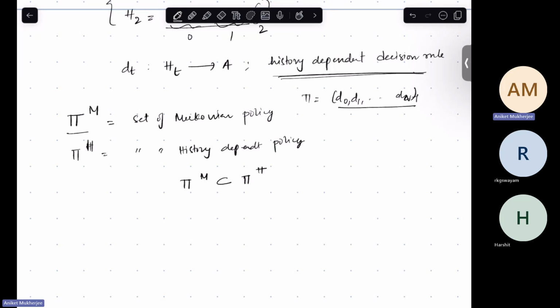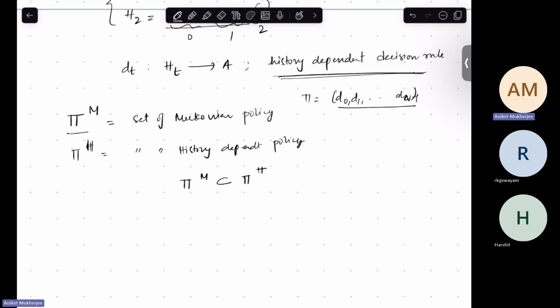So while solving MDPs, the whole point of Markov decision processes is that you're working under the assumption that your system is Markovian, and that makes it a lot easier.